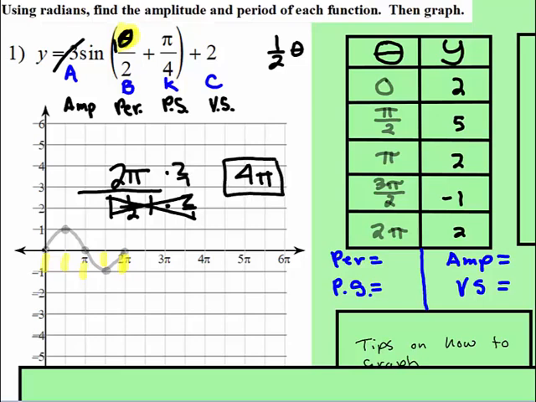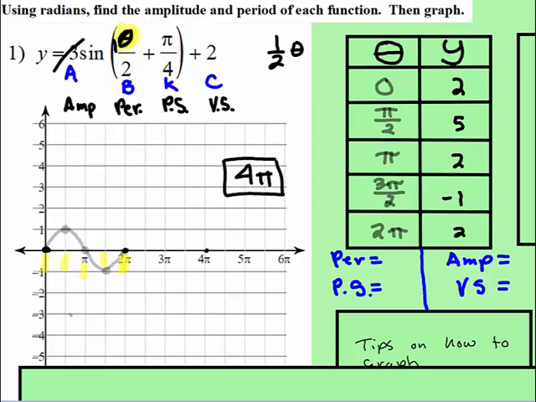So instead of it going from here to here, the new graph is now going to go from here to here for one complete cycle. But those other things are going to be making changes also. So here's a way to think about that.